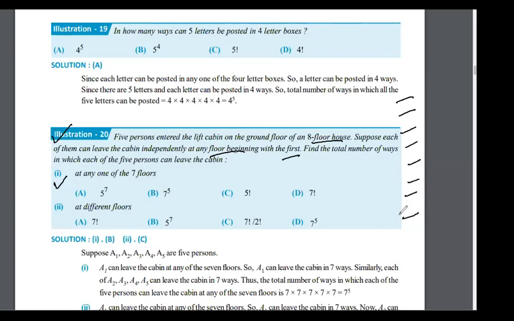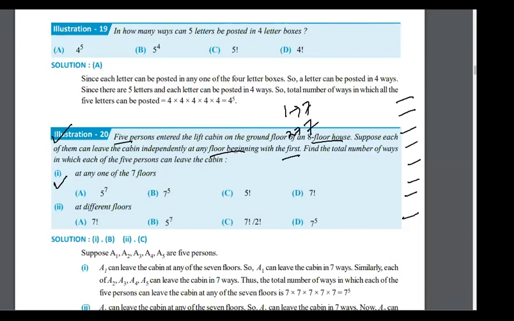If you are on any of the 7 floors, and there are 5 persons, one person will have how many options? 7 options. Second person will have how many options? 7 options, because it is not saying that a person cannot be on the same floor. Is it saying that it should be on a different floor? No, right?